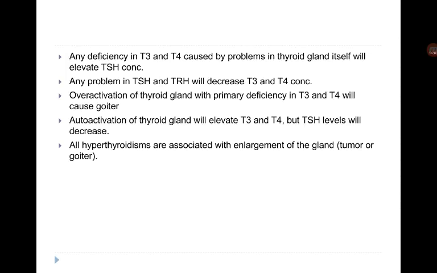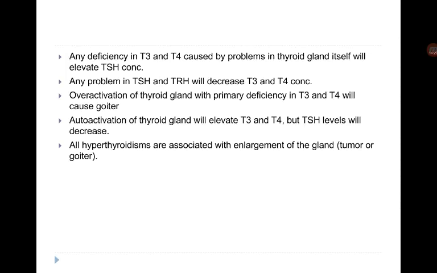Now here we have high levels of T3 and T4. Elevated thyroxine or thyroid metabolic hormones is going to suppress the secretion of TSH from the anterior pituitary. Why? It's a negative feedback mechanism. So in any cause of hyperthyroidism caused by autoactivation, TSH levels remain low.